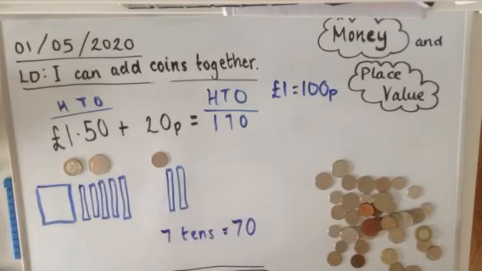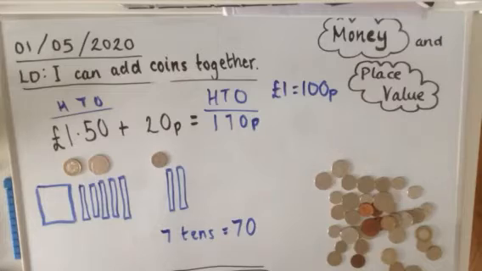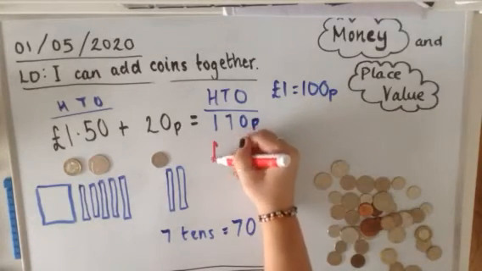Now, this is where you need to be really clever. You can either have this as 170p, or if you're super clever, you might write this.